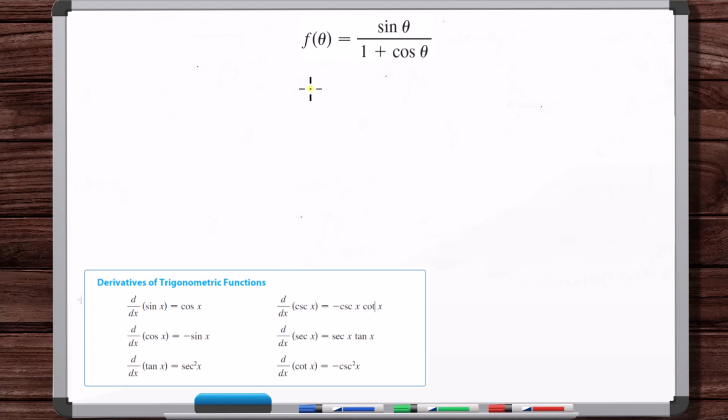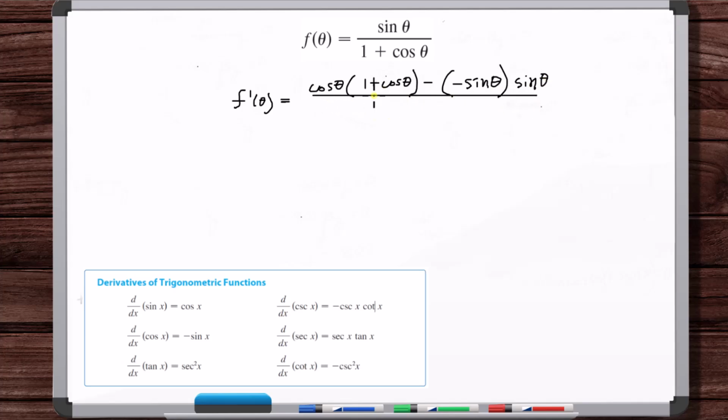Okay, let's use the quotient rule again. So the derivative of the top times the bottom minus the derivative of the bottom times the top all over the bottom squared.